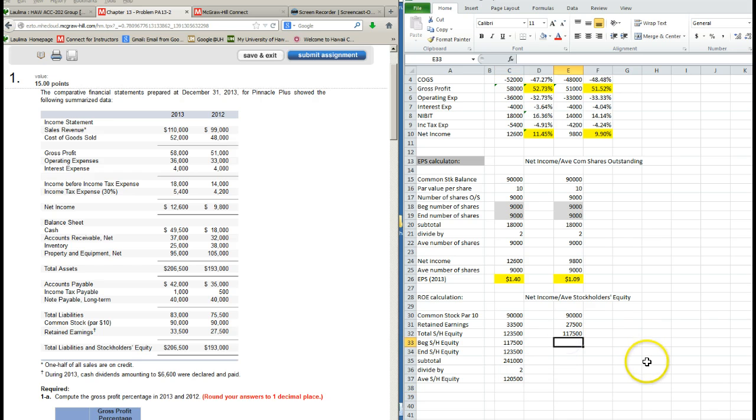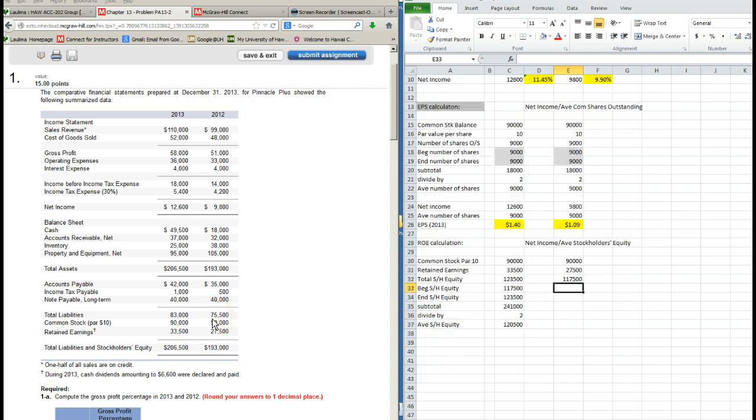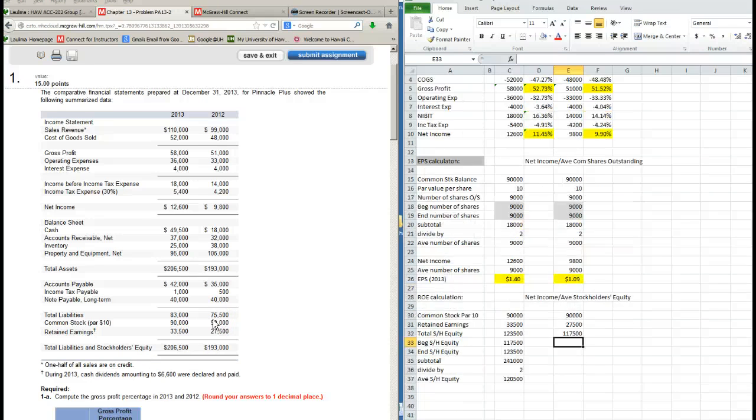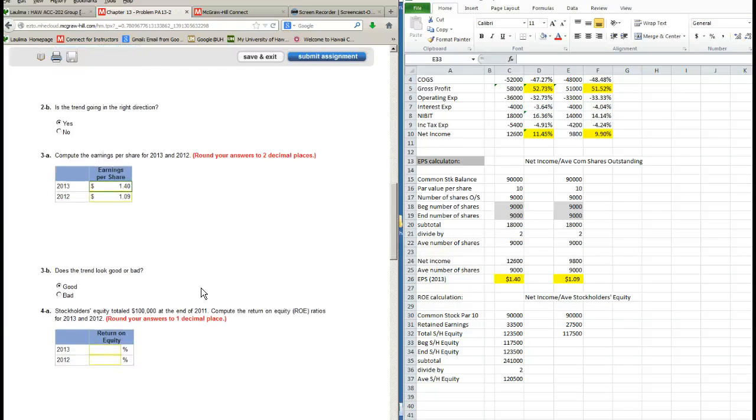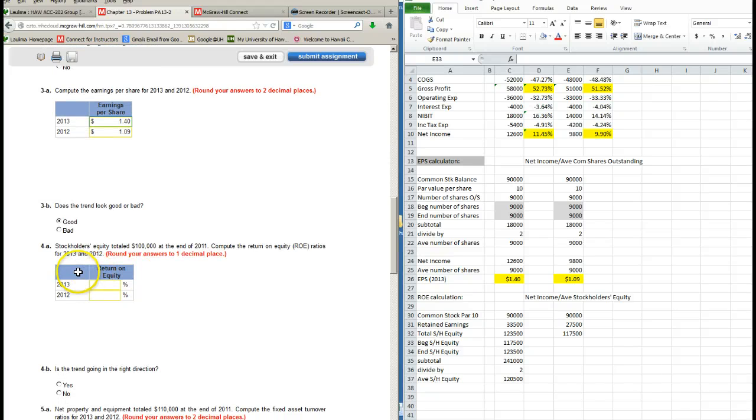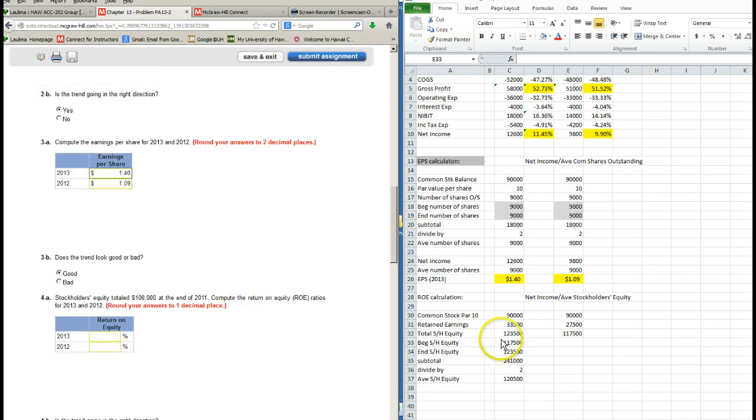Now for 2012, the beginning stockholders equity is the balance of stockholders equity at 12/31/2011, and that information is given to us in the question. And that information states stockholders equity was $100,000 at the end of 2011. So that becomes our beginning stockholders equity for 2012.